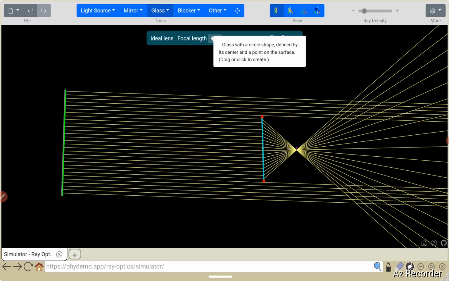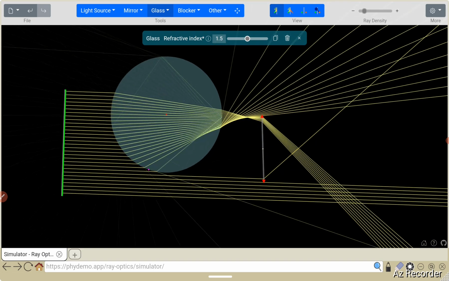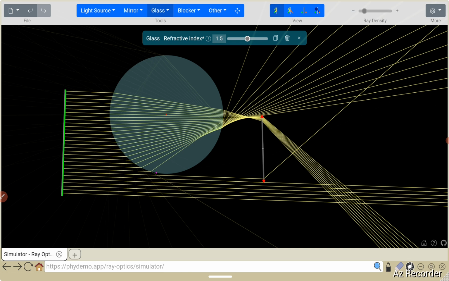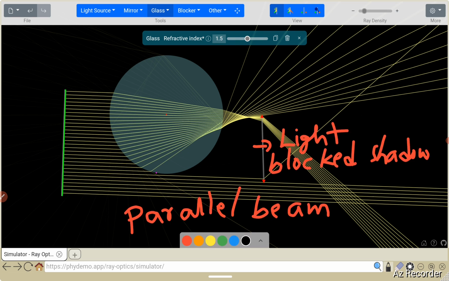Okay, so here I can take a circle as well. Observe here, I am just taking a circle. Glass is in the circular shape. Observe the light rays. They are passing through this. Understood? Through the glass they are passing. That is important for us. That means this is transparent surface. Understood?